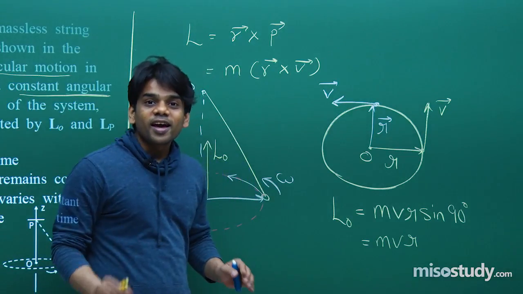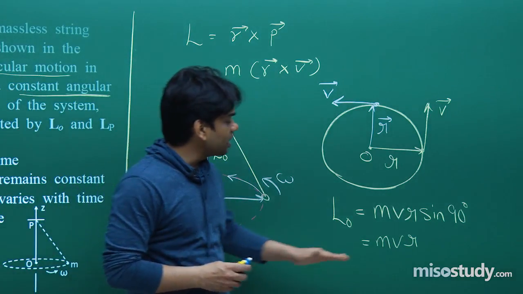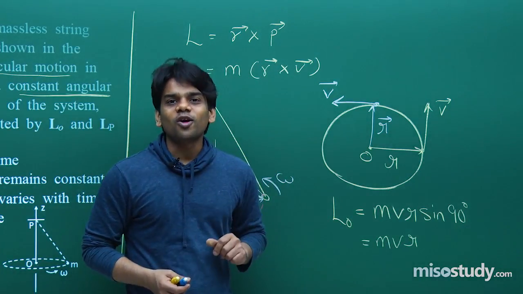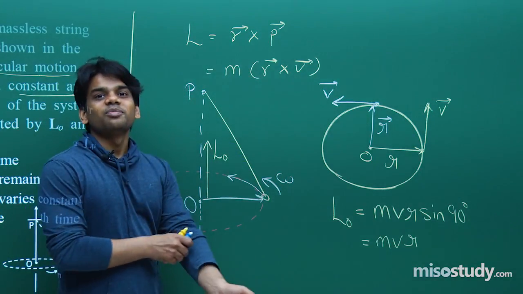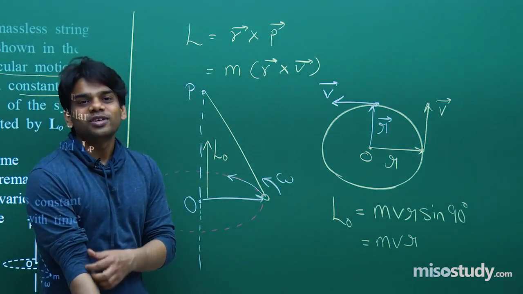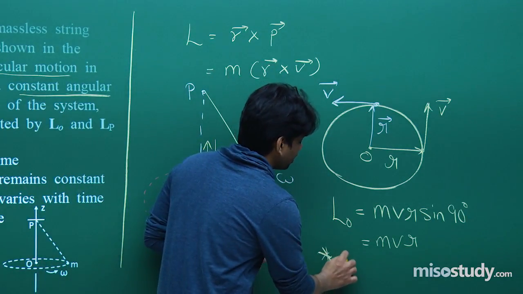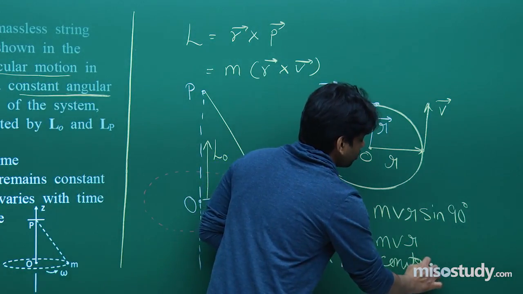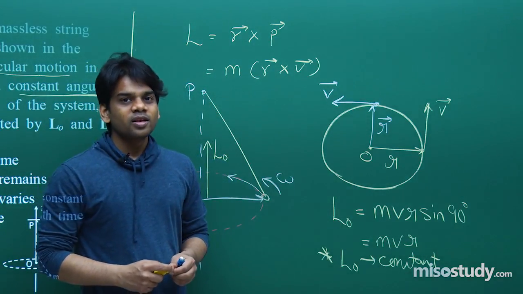V will remain constant, speed will remain constant, linear speed, r is constant, mass is constant. That means the magnitude of L naught will also be constant. Its direction every time is constant. That means L naught will remain constant with time, it will not vary. So first thing we can mark out, L naught remains constant both in magnitude and direction. So we can say that it's constant, it's not varying.